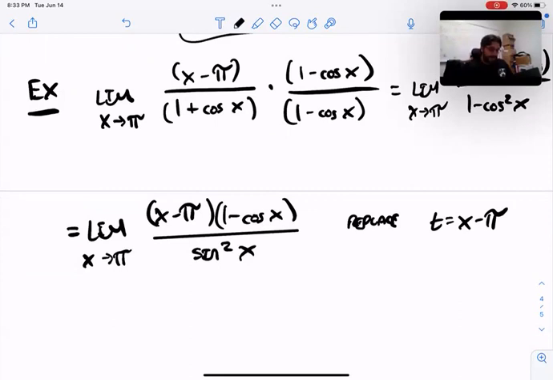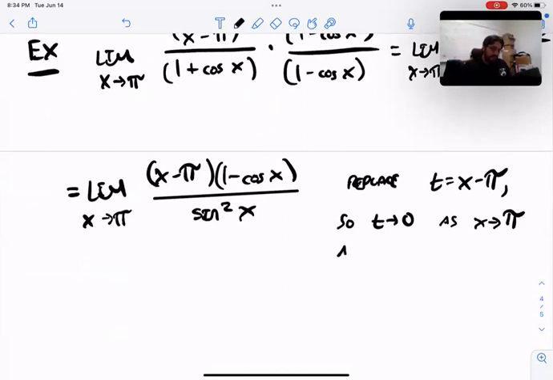Then what do I have? As x goes to pi, t goes to 0, if I'm making this substitution. And also, if you solve for x, you get x is t plus pi.